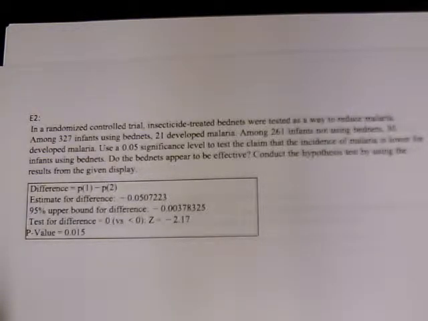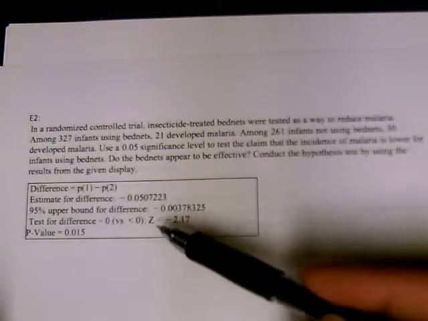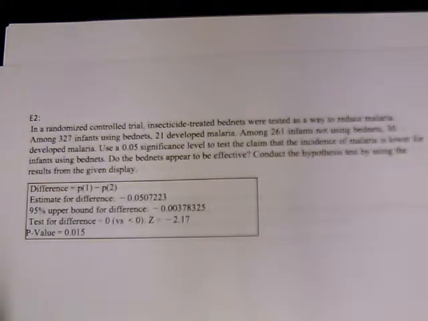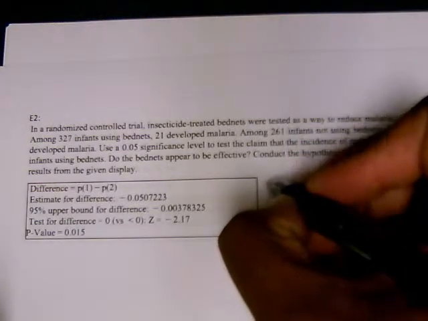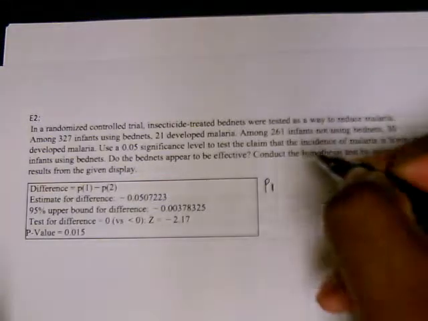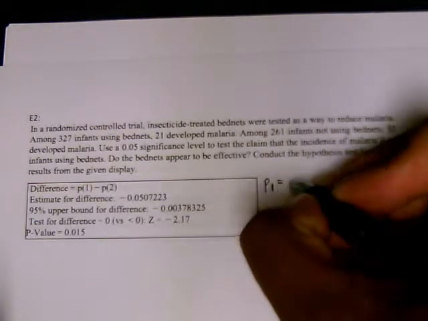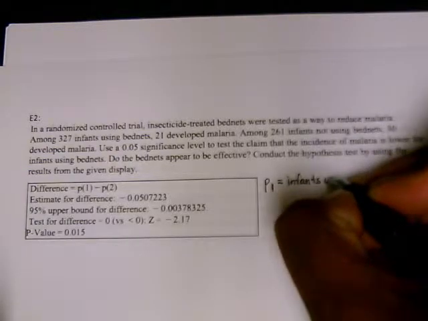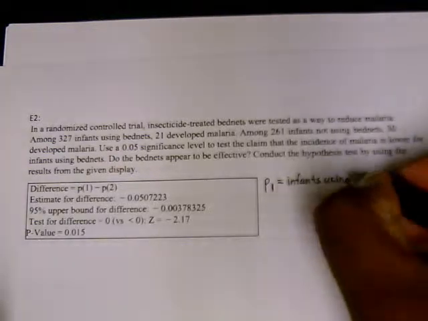So again, we're going to be using an 8-step procedure, and as you can see here, here's the output for that. Now, what I'm going to do here is identify P1 and P2. P1 is going to be the proportion of infants using bed nets.